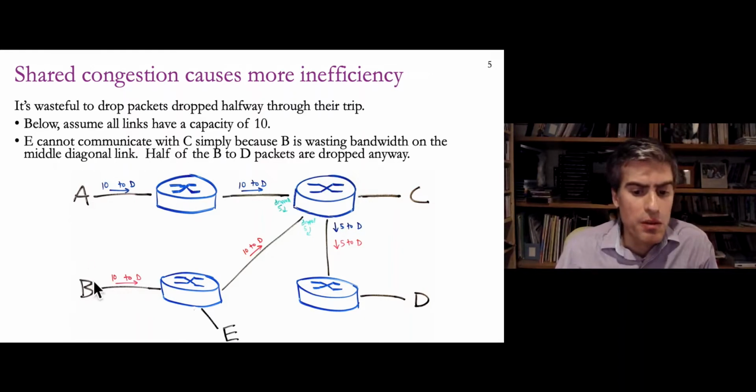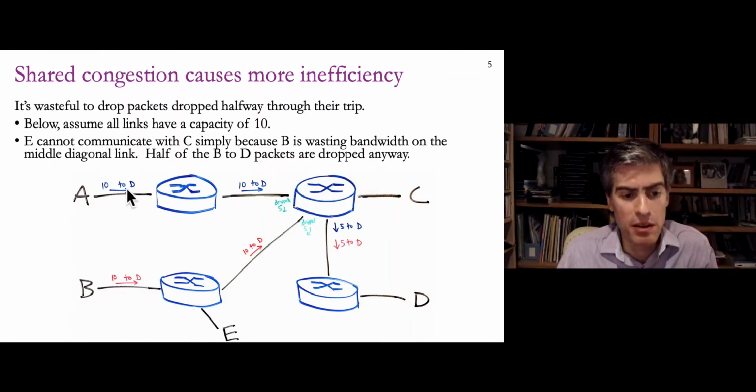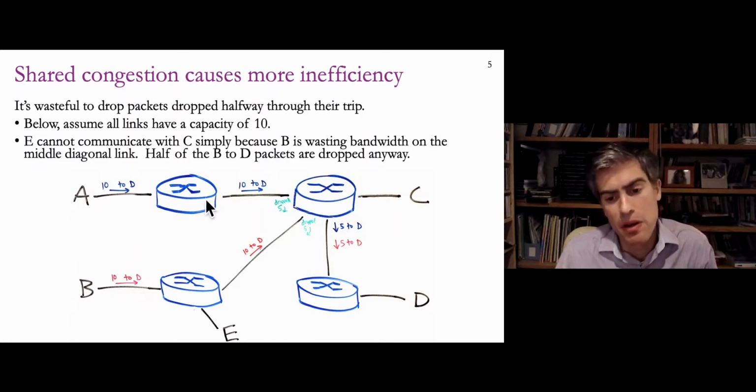And both A and B are sending at that maximum rate for the links that they have at the start. At some point, they're both trying to communicate to destination D in the lower right. So they both have to travel through one link, and that one link is a bottleneck, right? Because in total, A and B are trying to send 20 packets per second, let's say, to D, but the link can only handle 10.